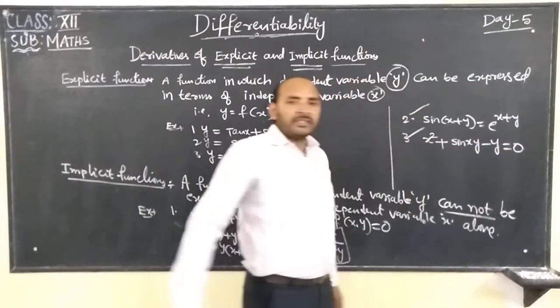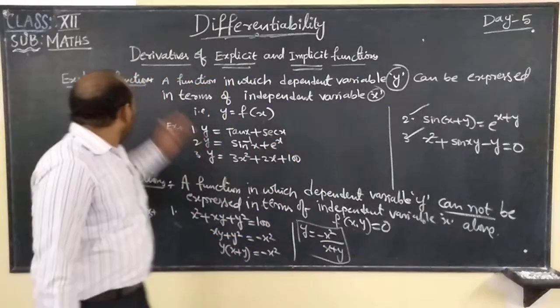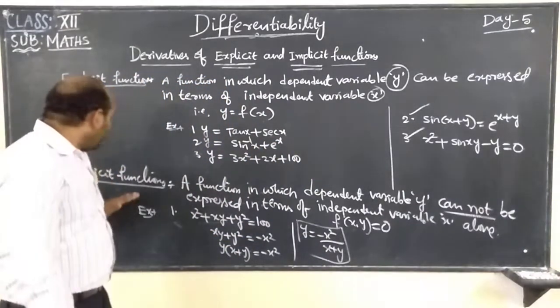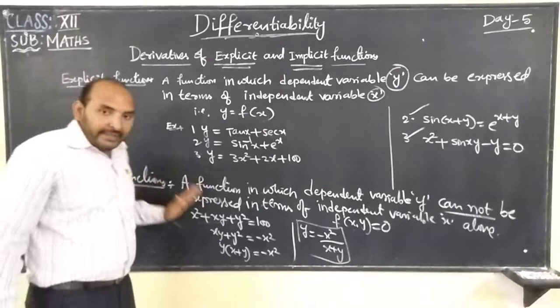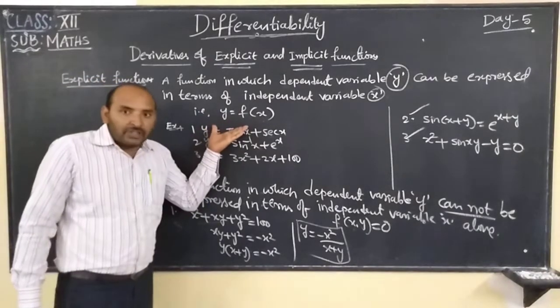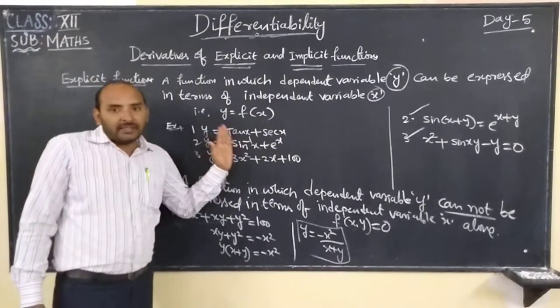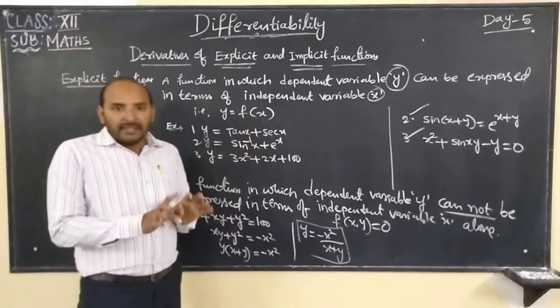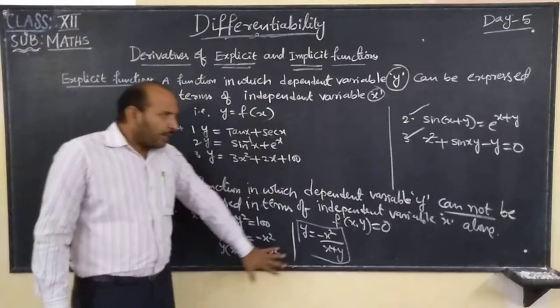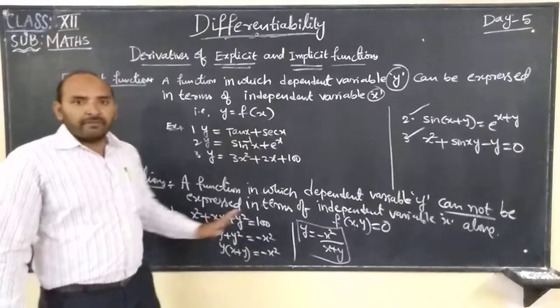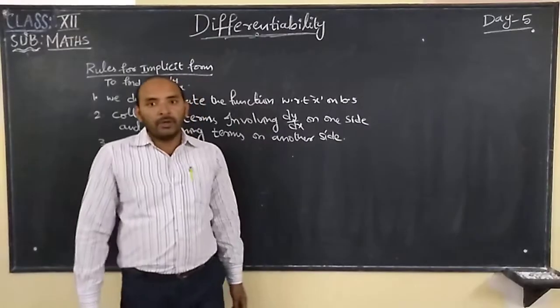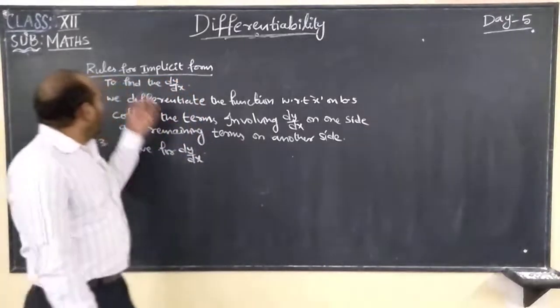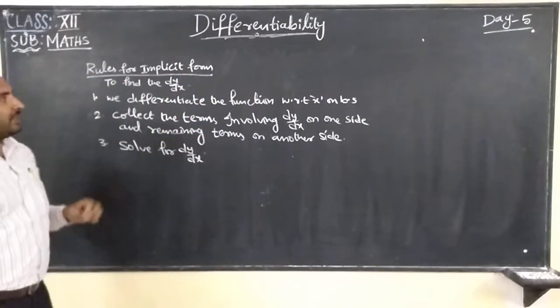These are the implicit forms. We can observe clearly the explicit form and again the implicit form. In the explicit form we can write y in terms of x separately and easily, but in the implicit form we cannot write x alone. So such types of functions are called implicit functions. So now, rules for implicit functions.